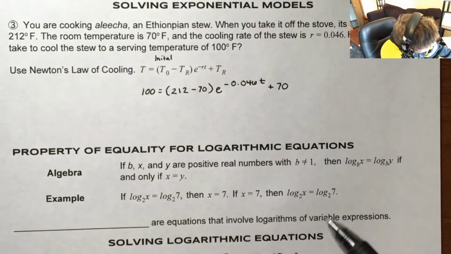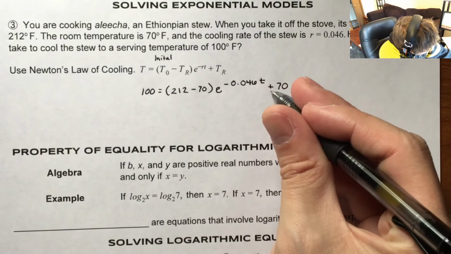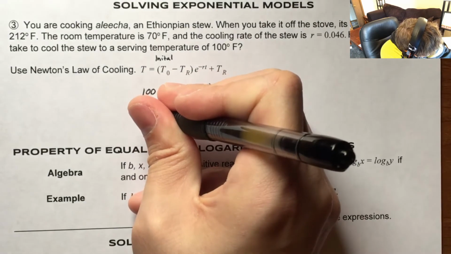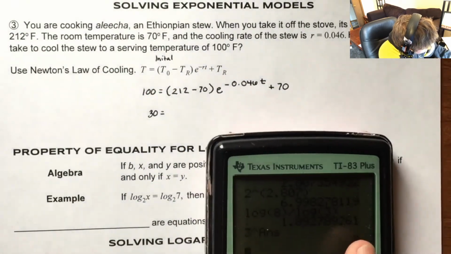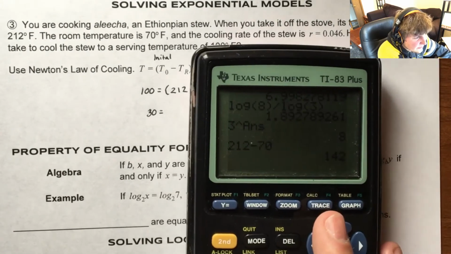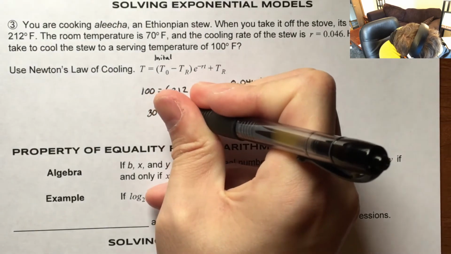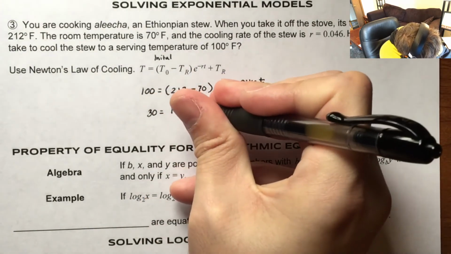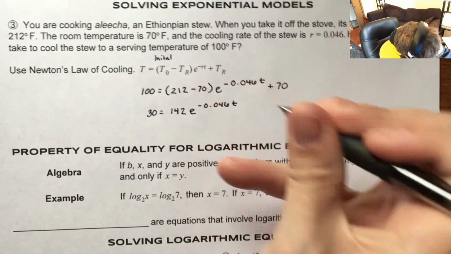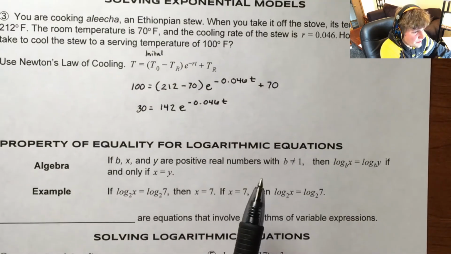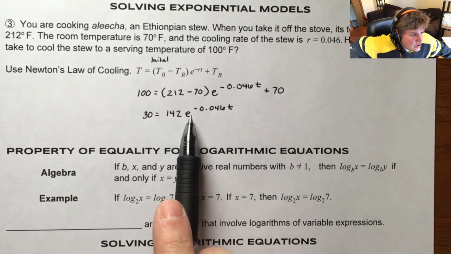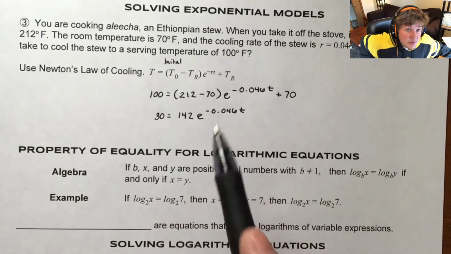Okay, so let's just go ahead and do some simplifying. First I'm going to subtract 70 from each side so I can get this all by itself. So I get 30 is equal to, let's go ahead and get 212 minus 70, which is 142, times e to the negative 0.046 T. When you're solving problems like this, you really want to get the base that's being raised to the exponent isolated.